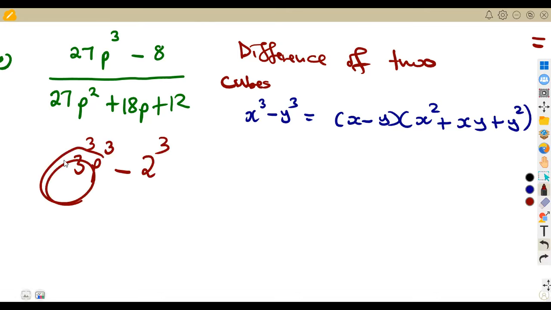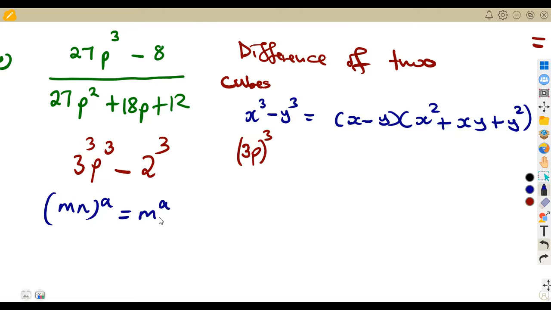But remember our exponents: if you have the same exponent like that, it means we are simply having it as 3p, everything to the exponent of 3, because it's the same exponent. So if I have mn to the exponent of a, this is going to be m to the exponent of a, n to the exponent of a. It's a reverse that is happening this way.